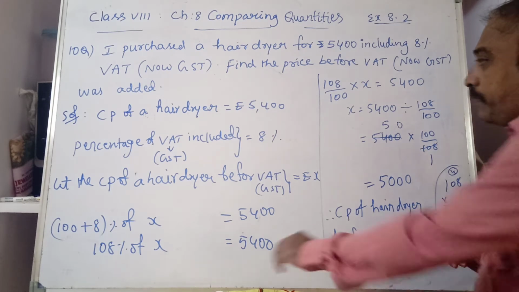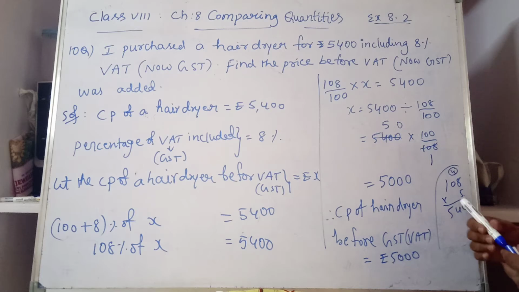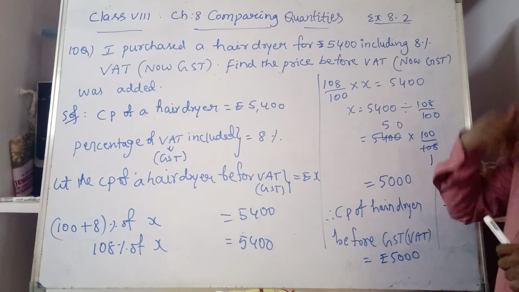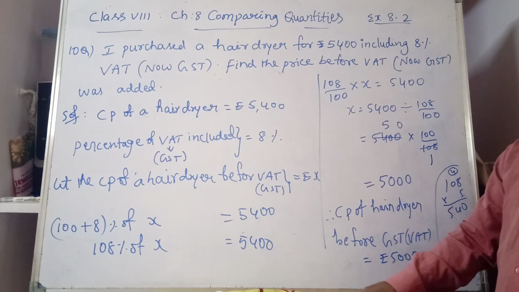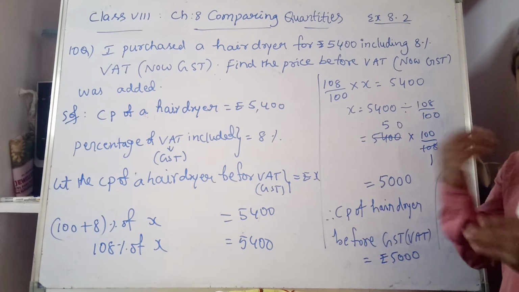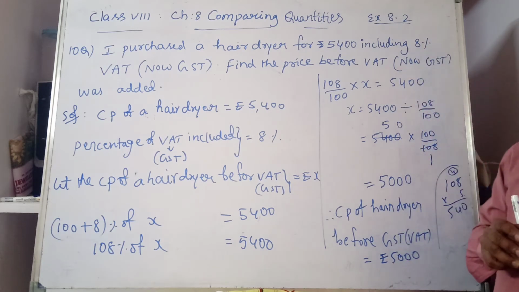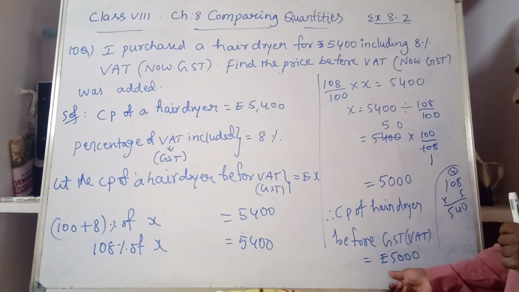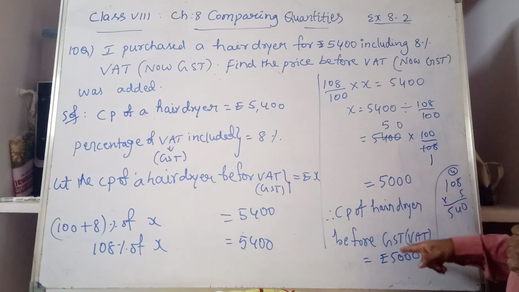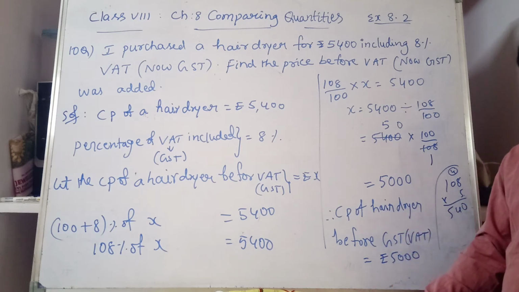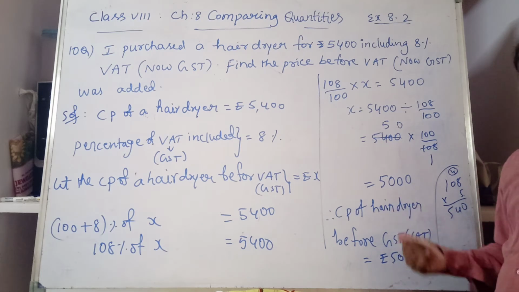What we are doing here? The CP will be 100%, and on that he paid extra 8%, that is 108%. Including that he paid 5,400. So without tax, it is rupees 5,000. This is the CP of the hairdryer without tax. Is it clear?